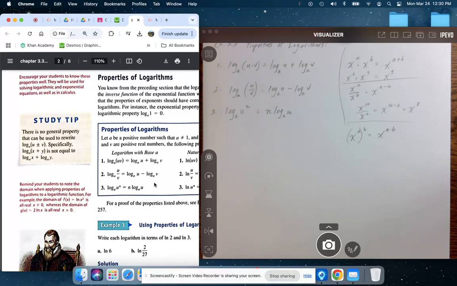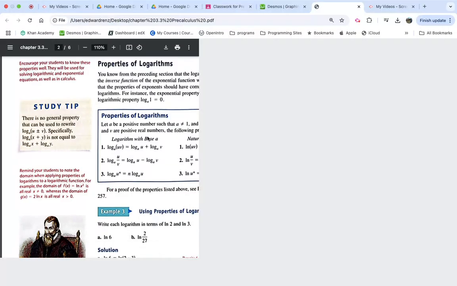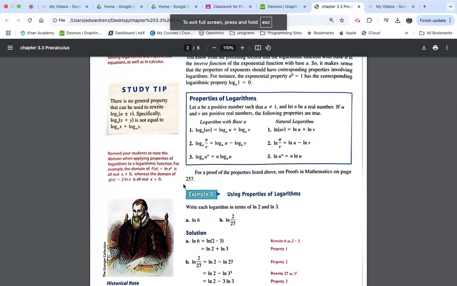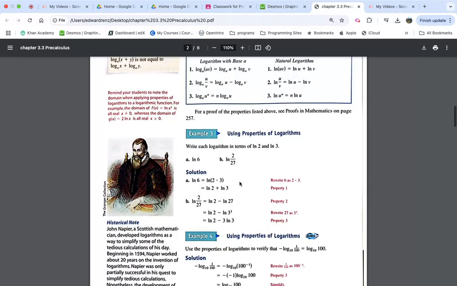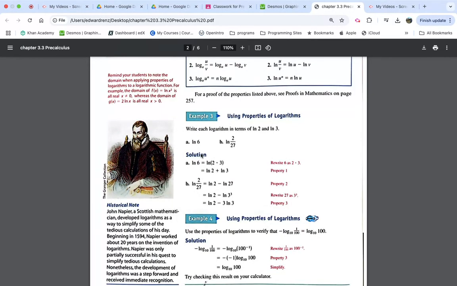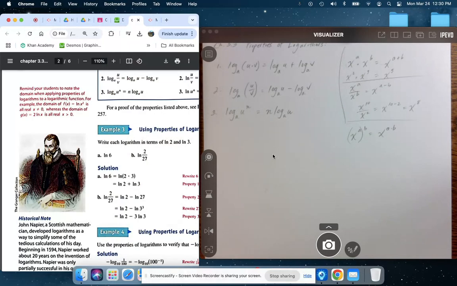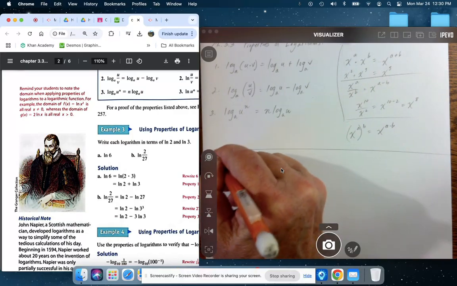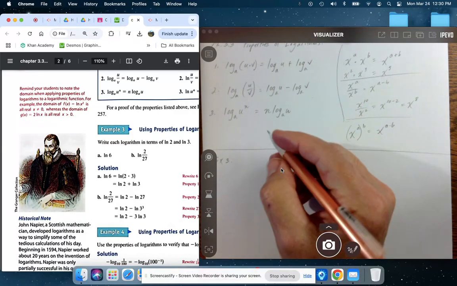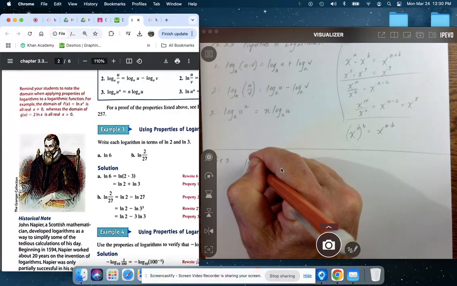All right, so let's look at some of these examples here. Example 3 says write each logarithm in terms of natural log of 2 and natural log of 3. So let's do that. Looking at example 3, natural log of 6.